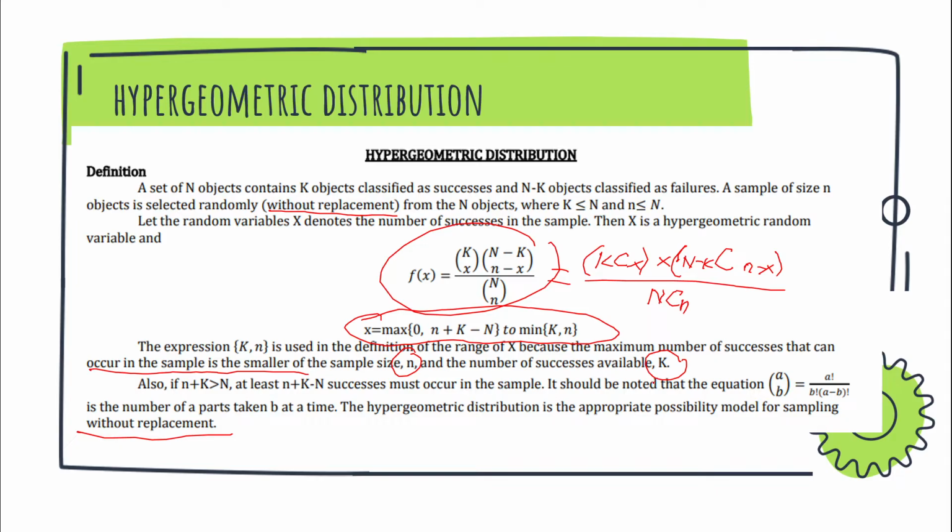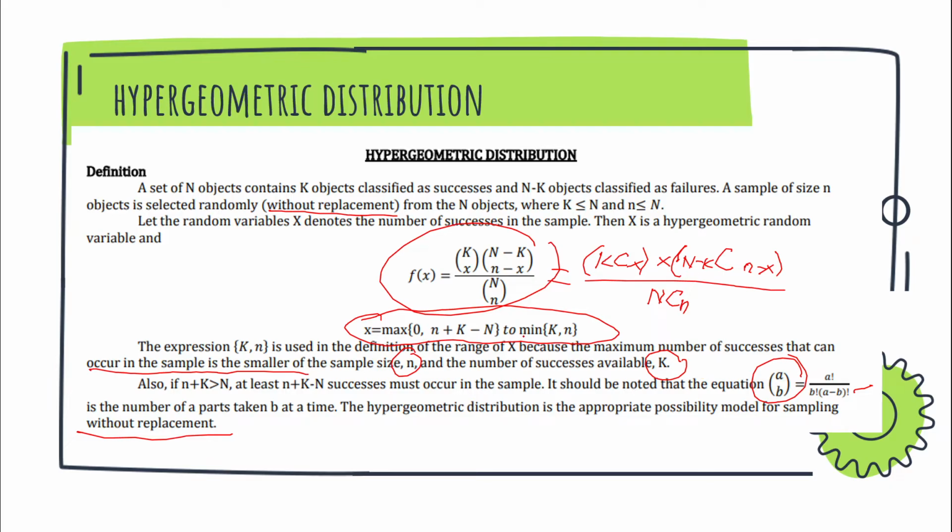Also if n plus K is greater than N, at least n plus K minus N successes must occur in the sample. It should be noted that this is a combination, a taken b at a time.